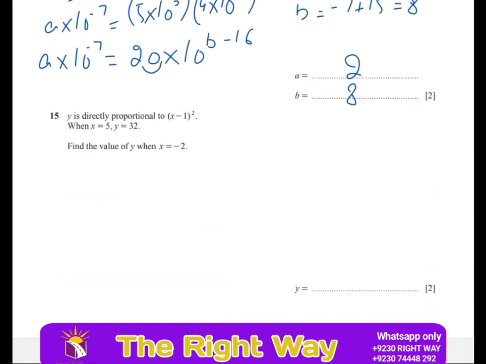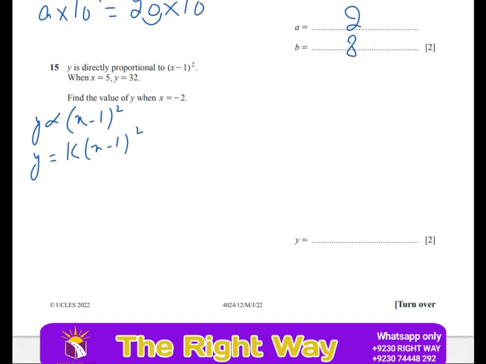Question number 15. Y is directly proportional to (x minus 1) squared. So y is equal to k times (x minus 1) squared. When x is equal to 5, y is equal to 32.